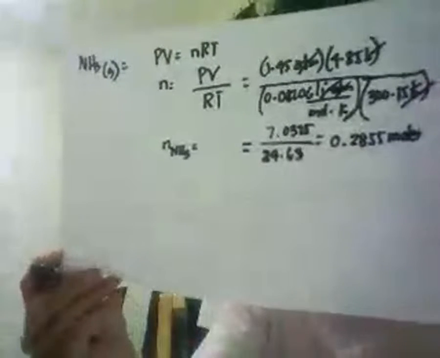Now we solve for the number of moles of oxygen gas. Oxygen is the most abundant element on planet Earth, right? Because it gives us the inhalation and respiration process.